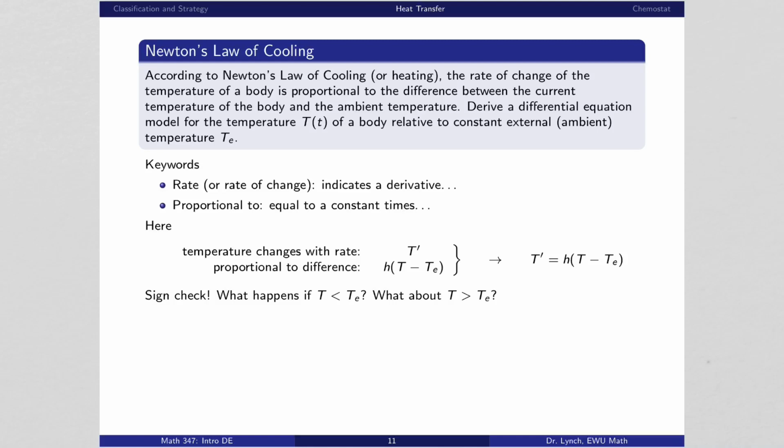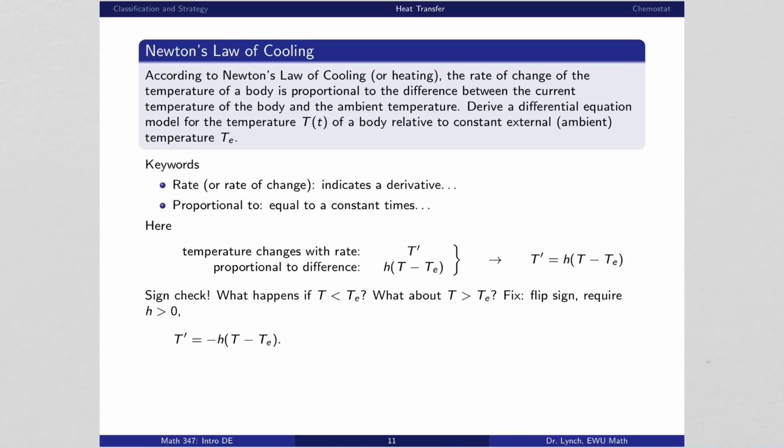Similarly for T greater than T sub E, that's the cup of coffee in a room at room temperature. We would expect the coffee temperature to be a decreasing function, so that its derivative ought to be negative. So similarly here, our model has the backward interpretation. There's an easy fix for this. Just go ahead and hit your model with a minus sign.